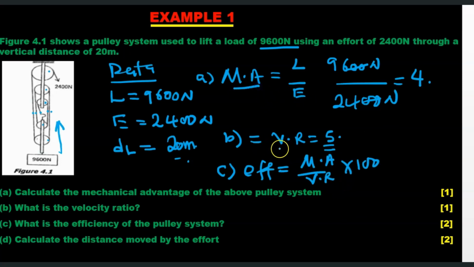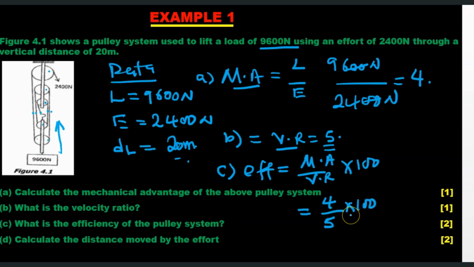Here we have the mechanical advantage and the velocity ratio, so we can use them. Replacing in the formula, the mechanical advantage is 4, divided by the velocity ratio, which is 5, multiplied by 100.